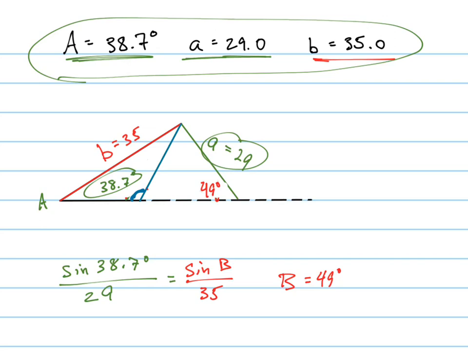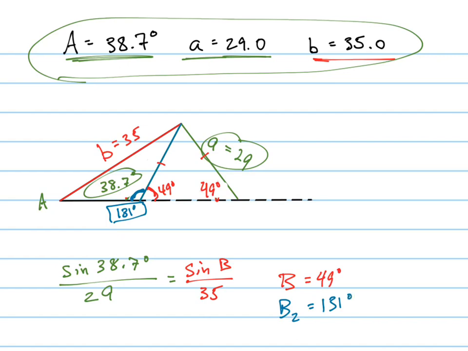Can you tell? Well, this angle is going to be 49 also, because these are the same side lengths. So this blue angle is going to be the supplement of 49, which is 131 degrees. That make sense? So B sub 2 is 131 degrees.